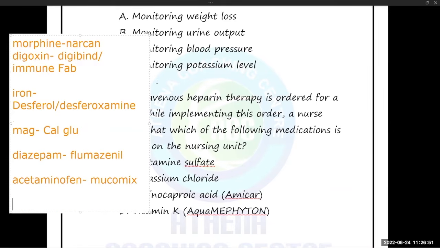Okay, and potassium. Potassium antidote.